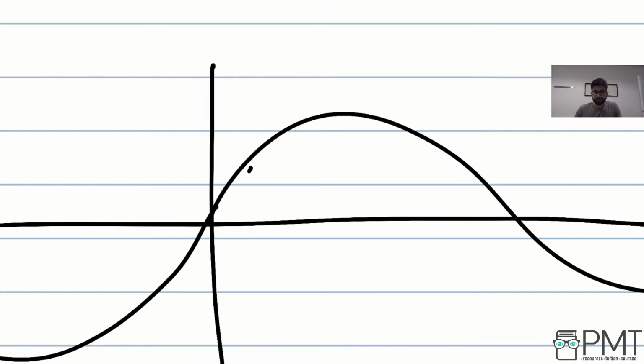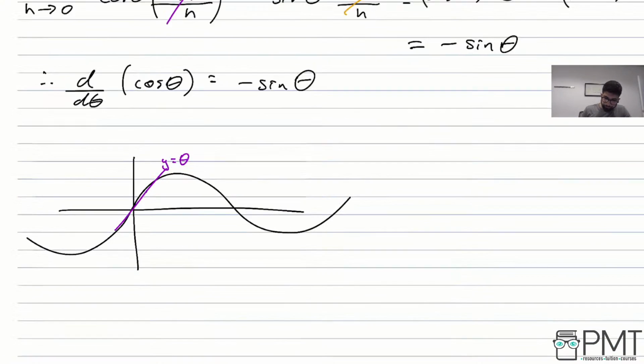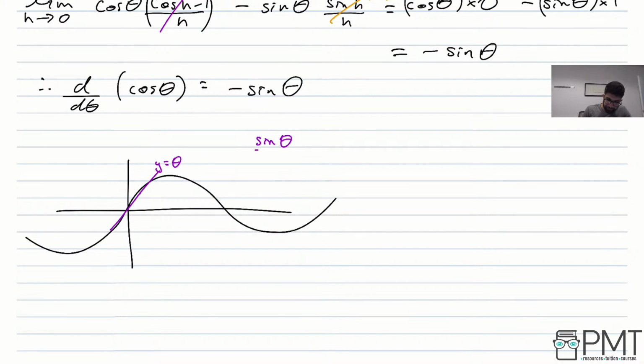So that's why you can approximate sine h with h, or sine theta with theta, because this becomes very much like a straight line with y equals theta. So that's why you can approximate sine theta divided by theta as theta divided by theta, which is equal to 1. So that's where it comes from, but if you don't really need to know, you can just quote that result. The question is giving that to you.